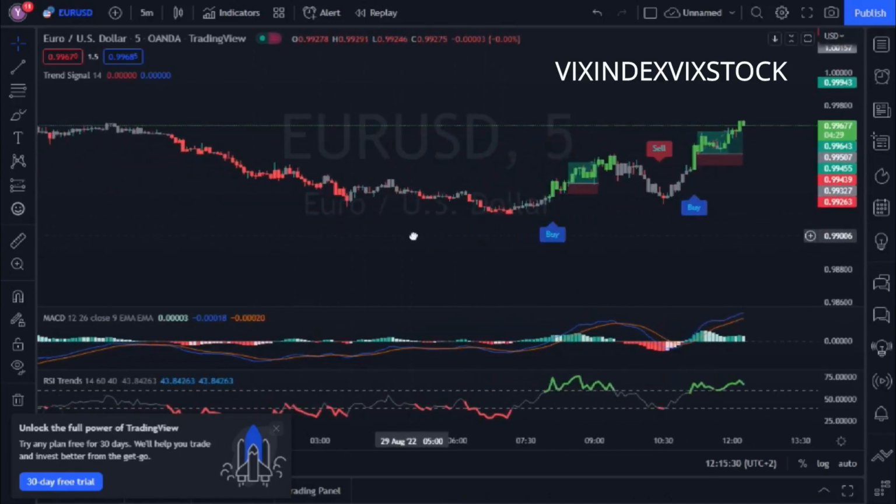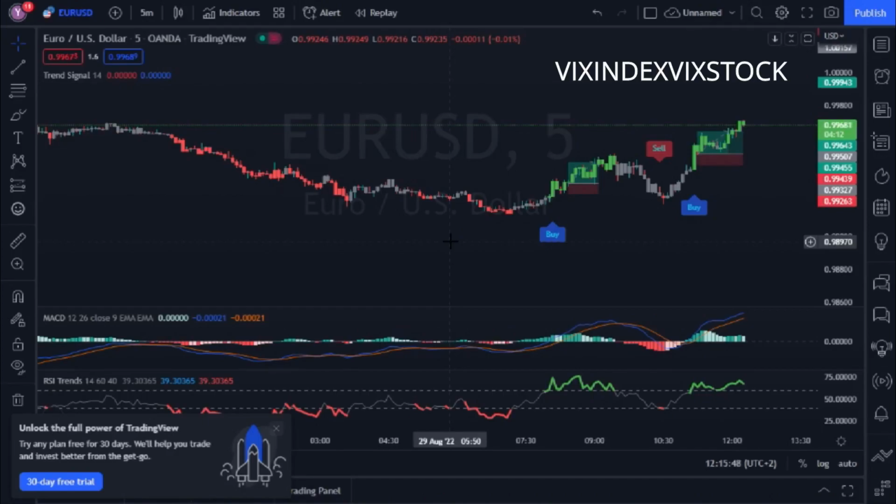We are not looking for any sells. You can take the sells, but we are looking for buys, because the buys will be panning out more than the sells, because the overall trend is in a buying move.